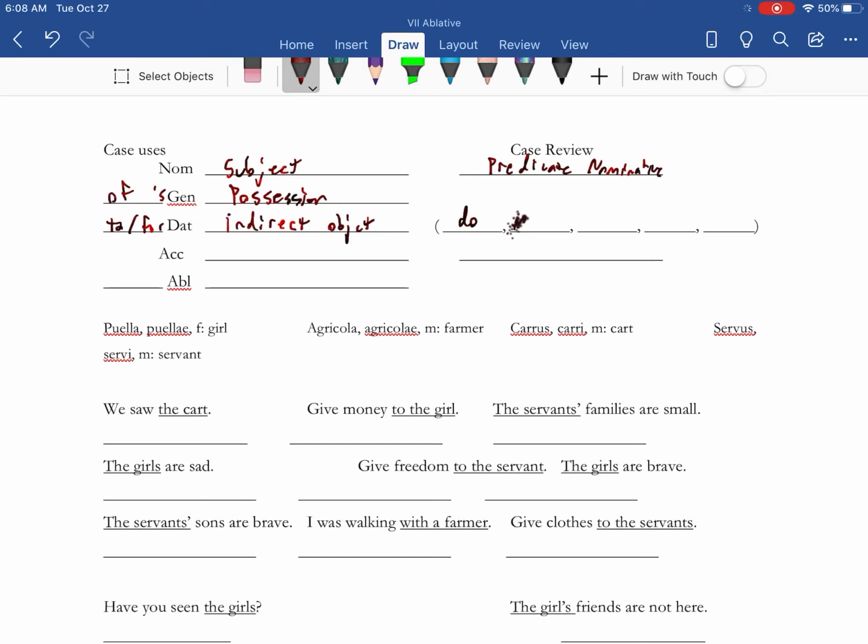And the trigger words: do, mando, monstro, nuntio and narro. Accusative is the direct object, and then ad plus accusative. Ablative, by or with, means, instrument.